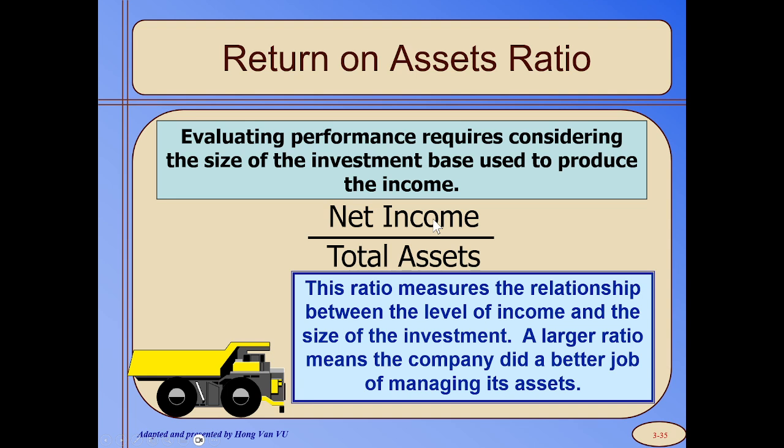The return on assets ratio is calculated as net income divided by total assets. This ratio measures the relationship between the level of income and the size of the investment. A larger ratio means the company did a better job of managing its assets.